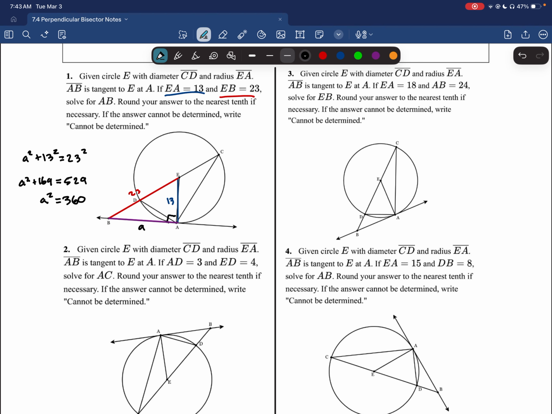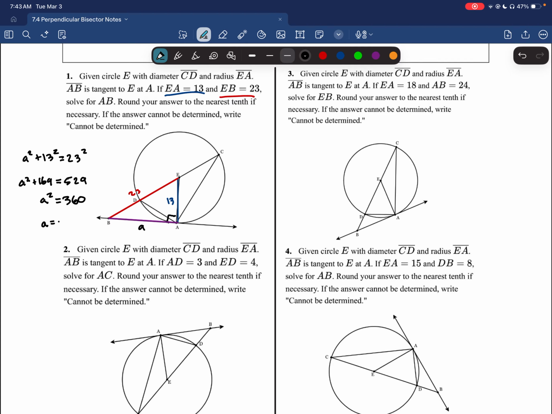And then I have to square root both sides to get A all by itself. That's going to be A is equal to, and it rounds to 19 when I round to the nearest tenth, like it says. Okay. Perfect. So that distance is 19.